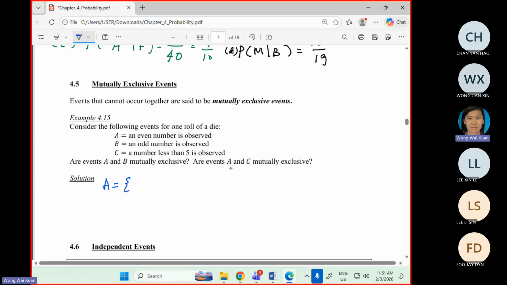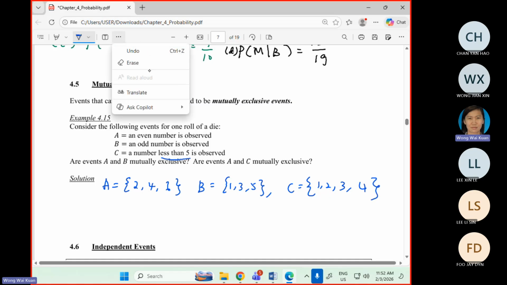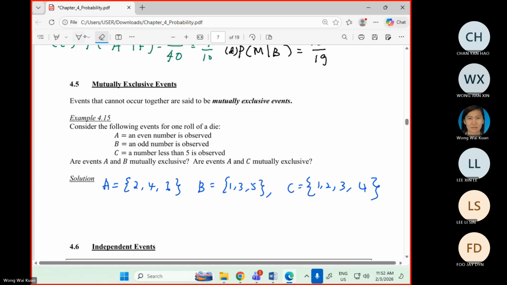So what is an even number? 2, 4, 6. Then what about B? 1, 3, 5. Okay. Then what about C? 1, 2, 3, 4. Include 5? No, less than 5, we don't include 5. Then the question arises: are events A and B mutually exclusive? How can I tell they cannot happen together?